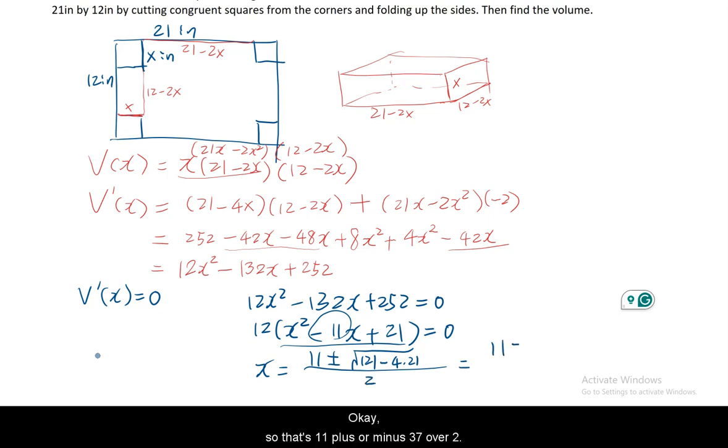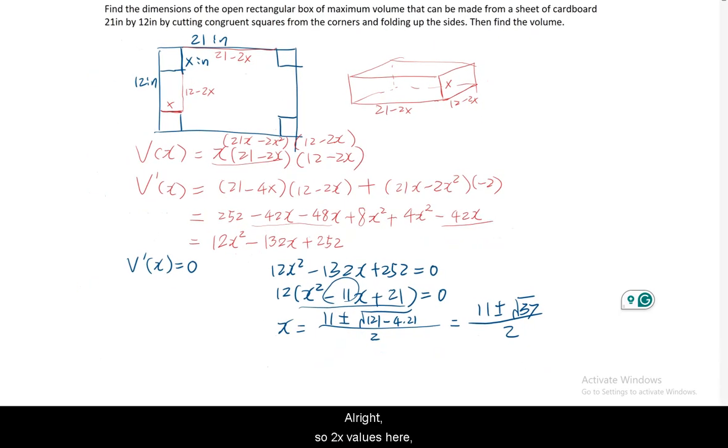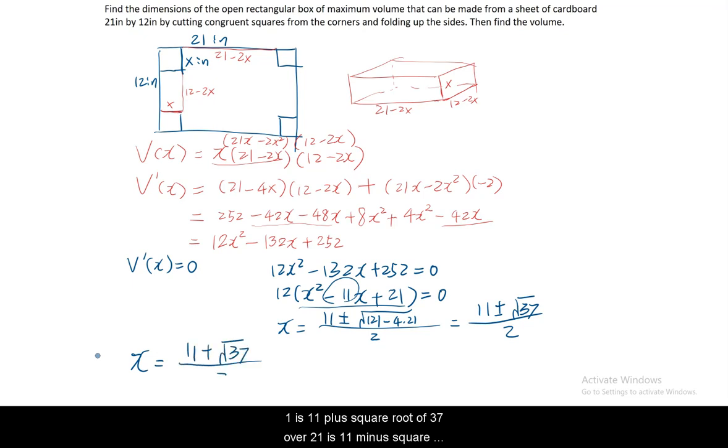So that's 11 plus or minus the square root of 37 over 2. All right, so 2 x values here. One is 11 plus square root of 37 over 2. One is 11 minus square root of 37 over 2.